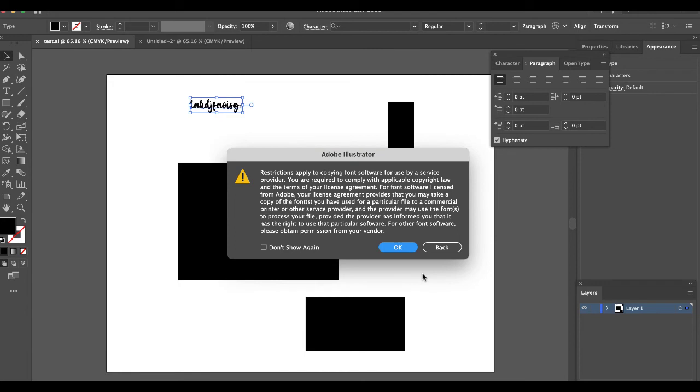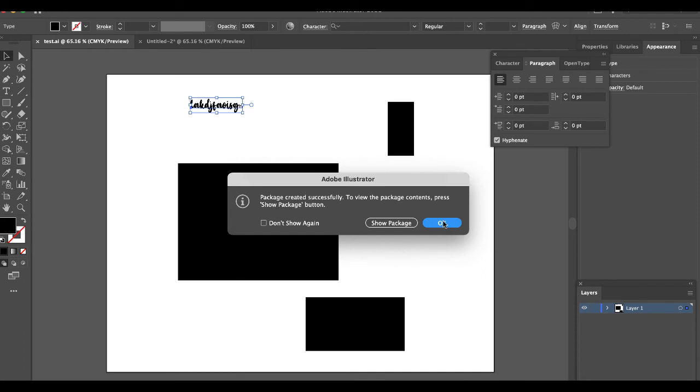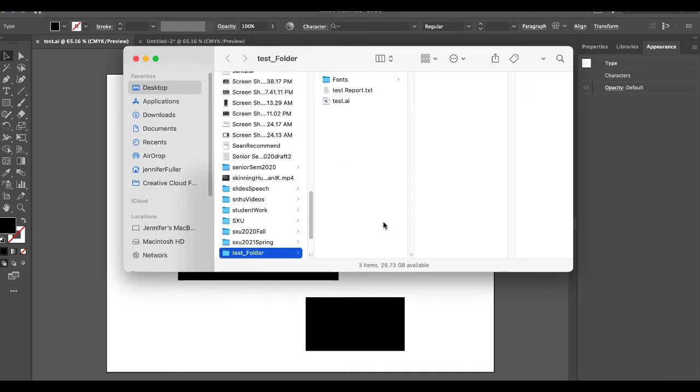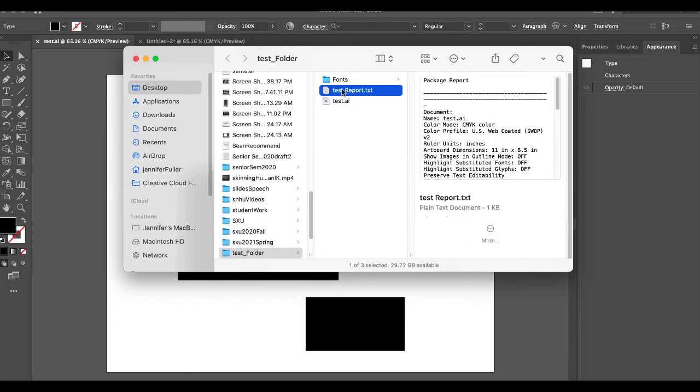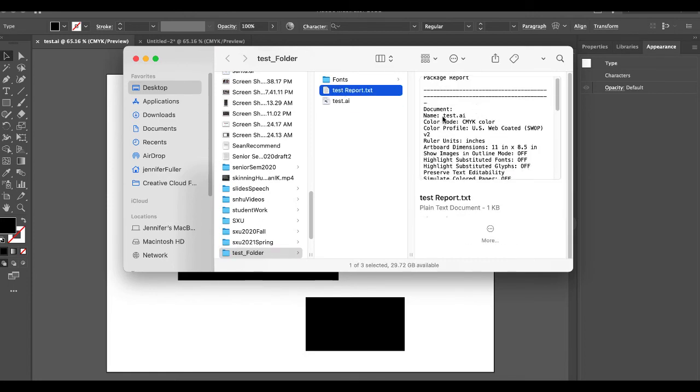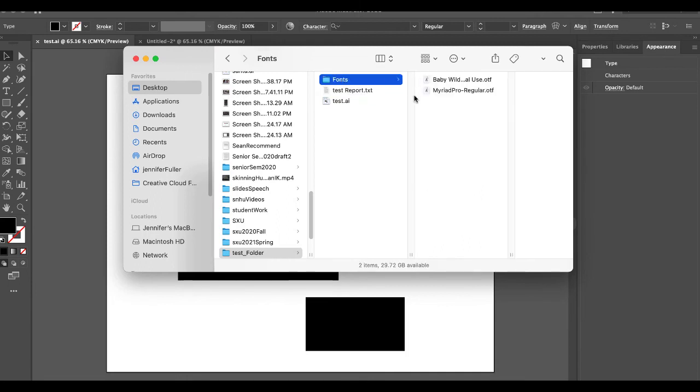We can do Package, making sure you're following copyright law, and then we can see in this folder, I have my AI file, the report saying the name of the document, the color mode, all of that, and then it actually includes your fonts so that whoever you send this to will be able to open it.